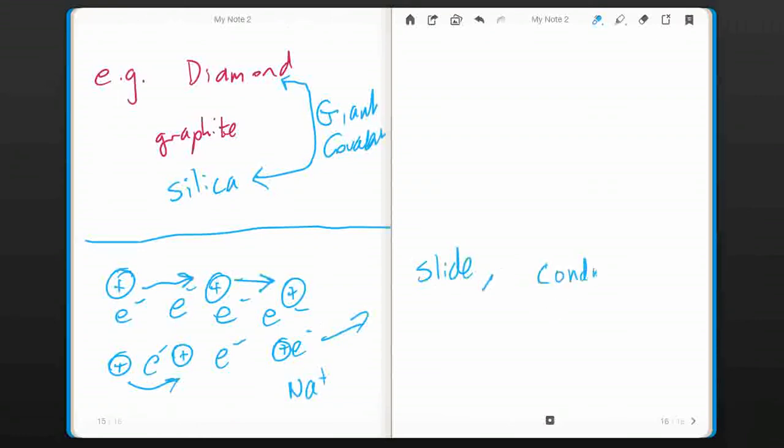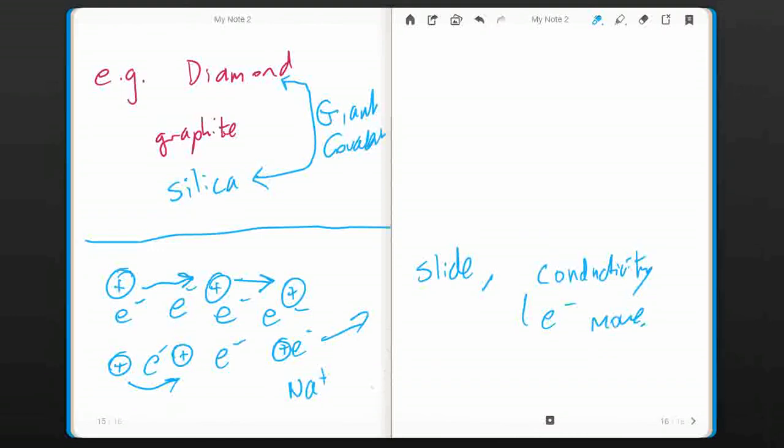The electrons can move charge. And also we call them malleable. Metals are malleable because they can be bent and hit into shape without snapping. They're not brittle, they're the opposite of brittle, they don't snap, so they're malleable.